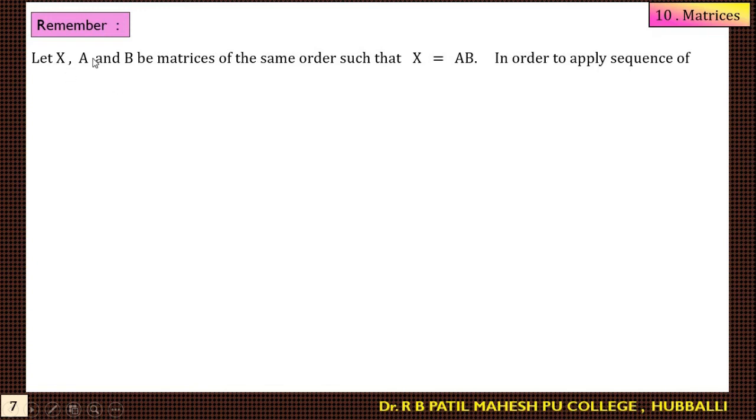Let X, A and B be matrices of the same order such that X equal to AB.